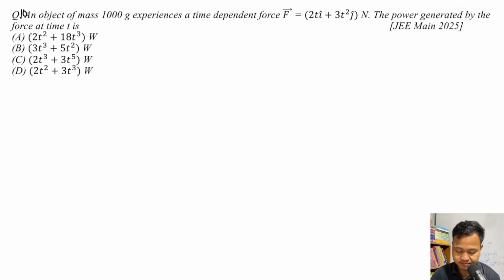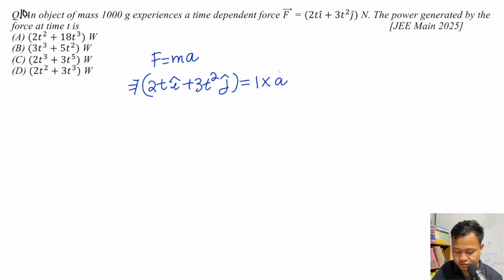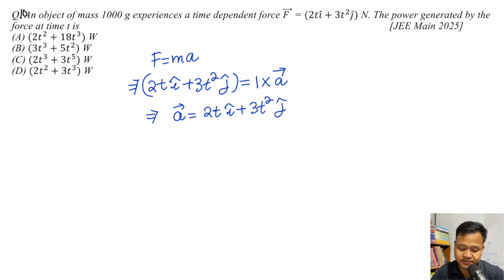Last second question. The force is given and we need the power. Force is mass into acceleration. Here the force is 2t i cap plus 3t square j cap. Mass is 1 kg, into acceleration a. So a is given as 2t i plus 3t square j. We know a is dv by dt.